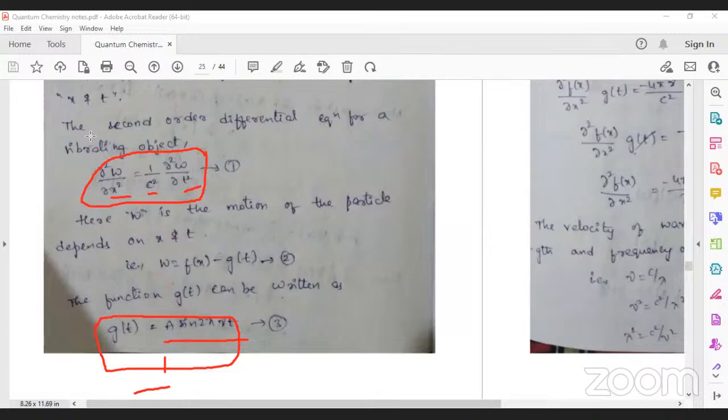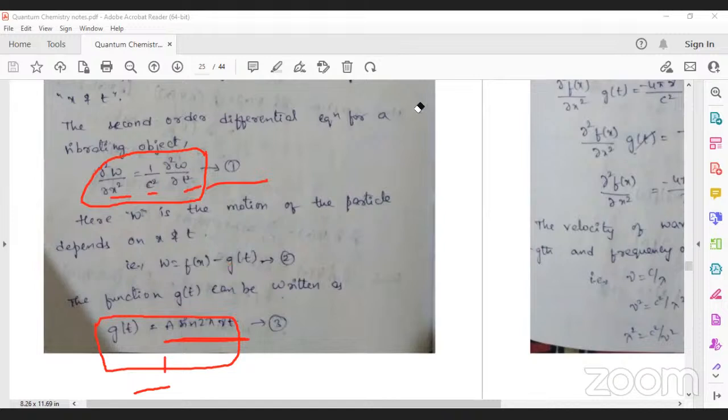So this is the second order differential equation, right? Here W will be there. We are choosing F of X into G of T, and G of T is defined as A into sine 2 pi gamma T, right? Now simple differentiation will be there, two times differentiation.